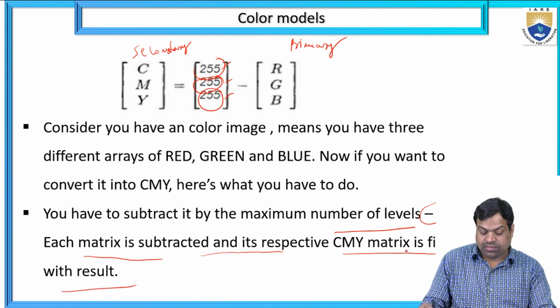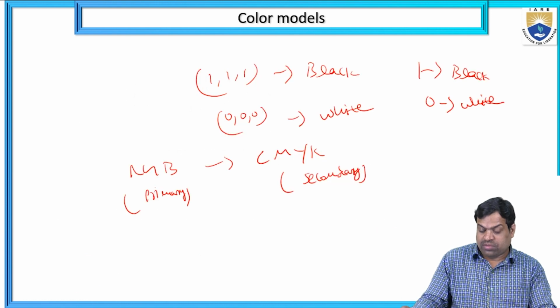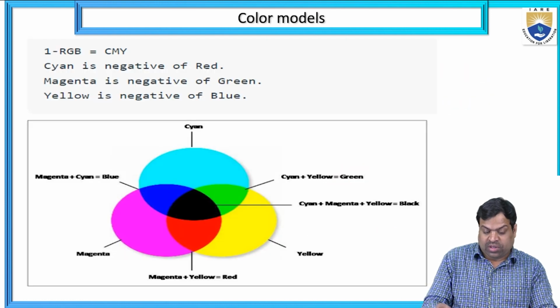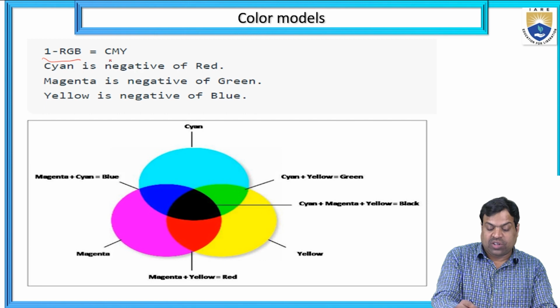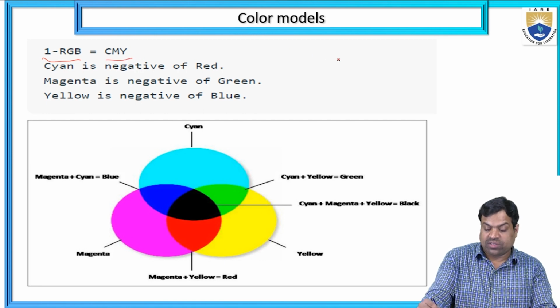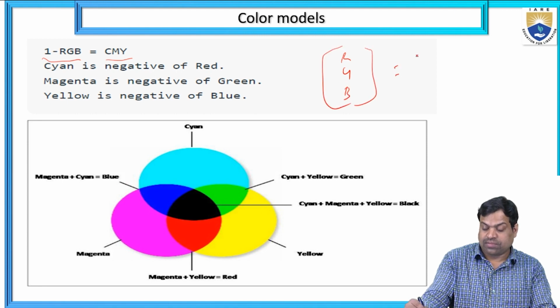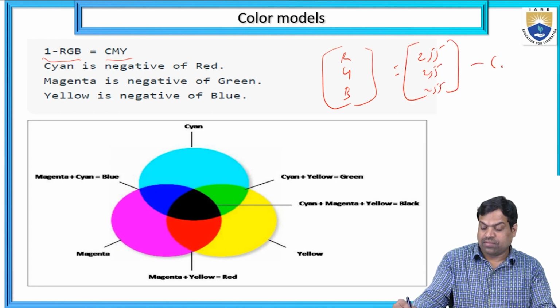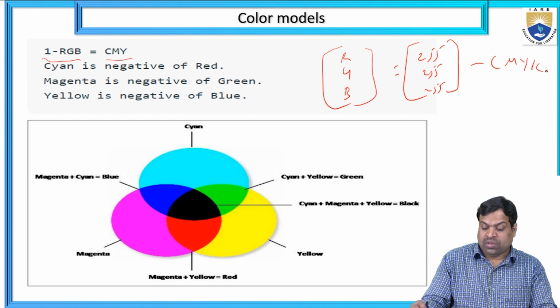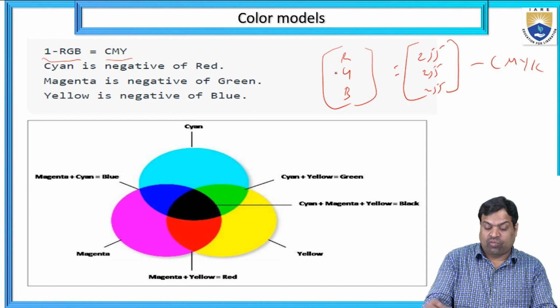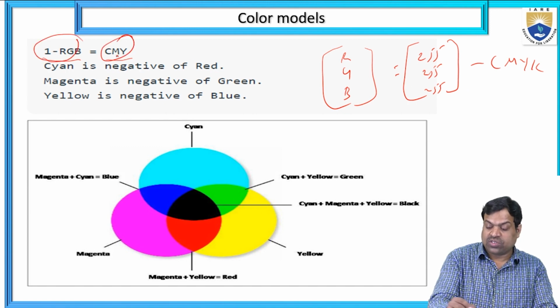So here 1 minus RGB equals CMY, that is, RGB equals 255 minus CMY.